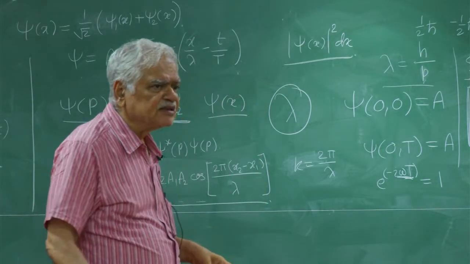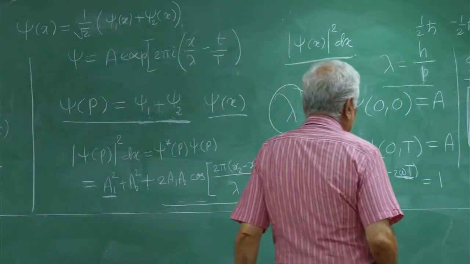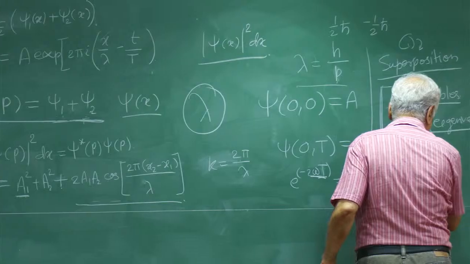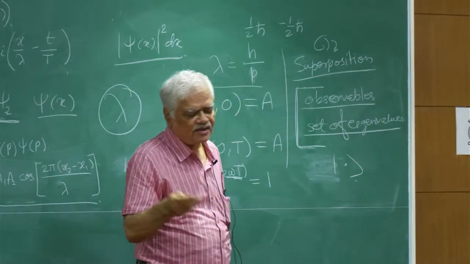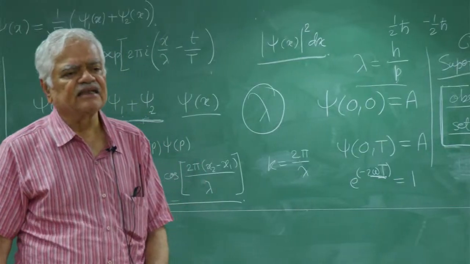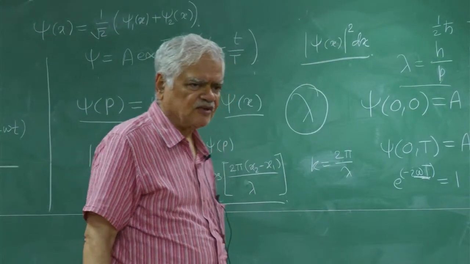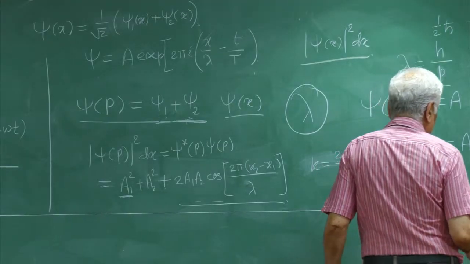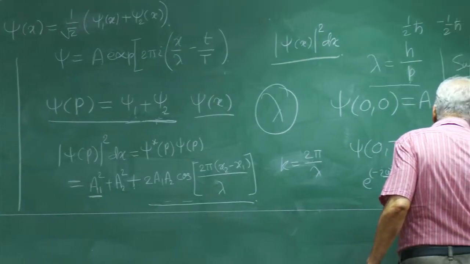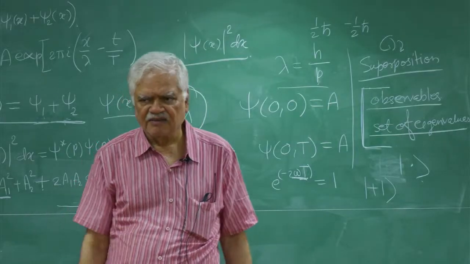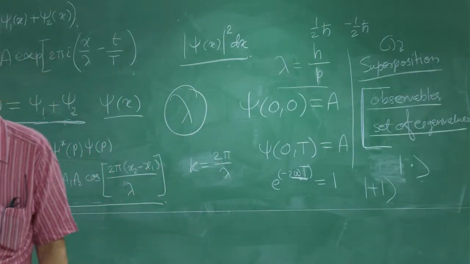Such a symbol is the so-called ket. Generally, an eigenstate is labeled by the corresponding eigenvalue. For example, for spin, spin up is represented by ket plus 1, and spin down by ket minus 1.